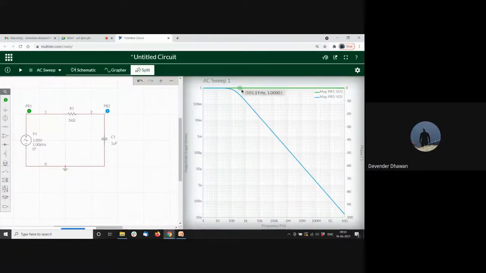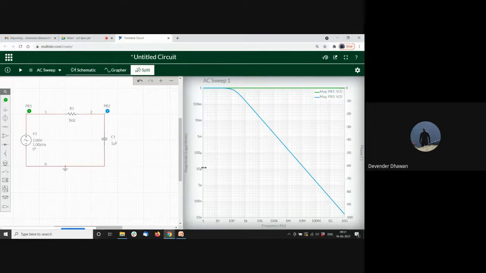This green line is 1 volt, which is our input, and it remains constant throughout the frequency change, because obviously it is not going through any circuit, so it is directly coming out of our source. So this is going constant, which is supposed to happen. Now our output is this blue one.